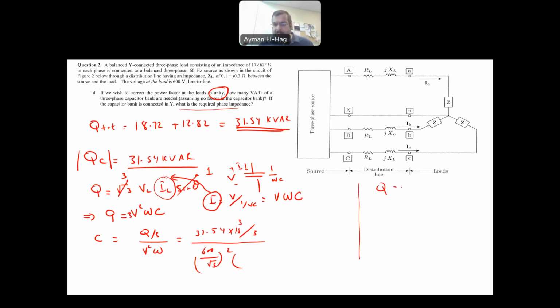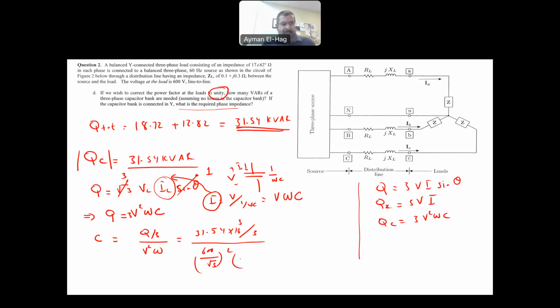Your Q is equal to 3 V I sine theta. Now for a pure capacitor, QC is equal to 3 V times I, and using Ohm's law, I is equal to V omega C, so this is equal to 3 V squared times omega C. So that is what we have here.